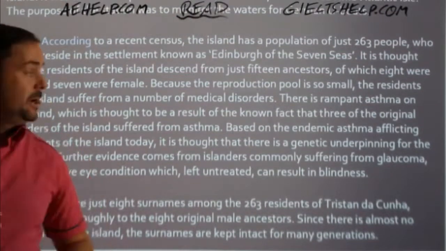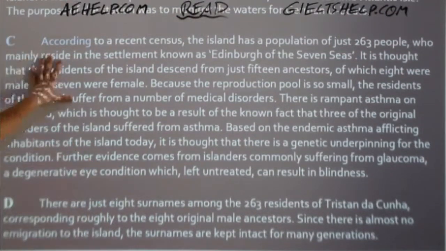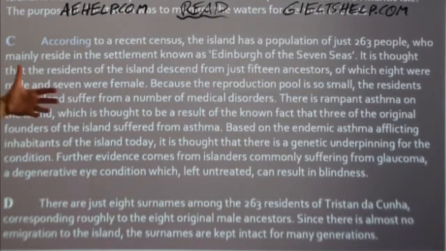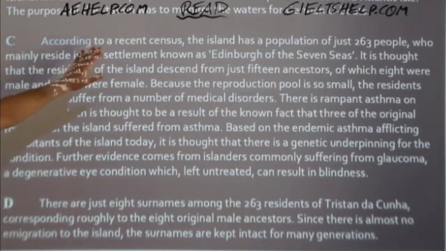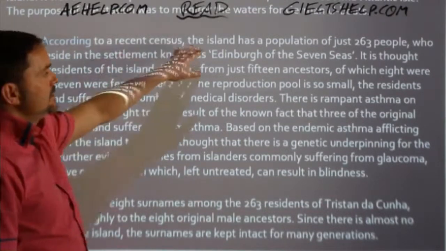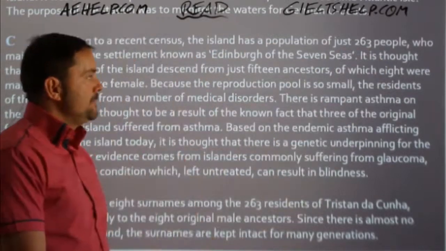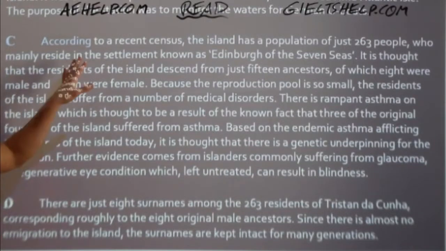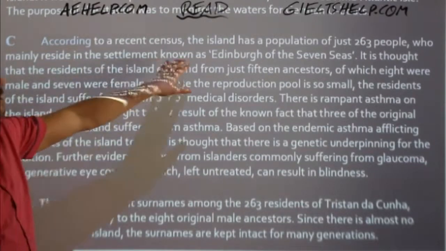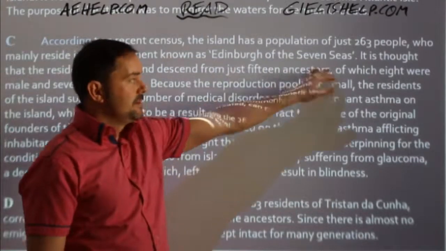So paragraph C. Read with me. And again, we'll go through this. So according to a recent consensus, the island has a population of just 263 people who mainly reside in the settlement known as Edinburgh of the Seven Seas.